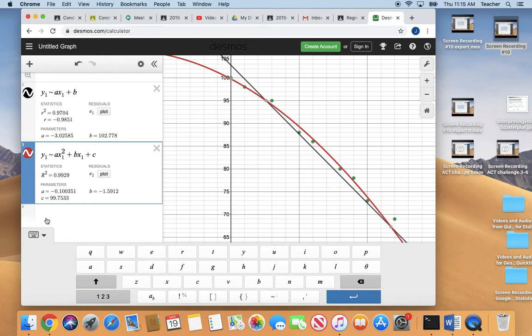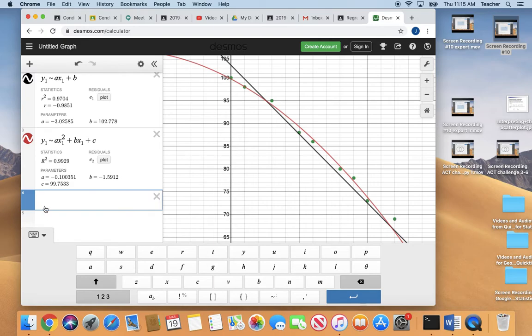Then it said try cubic. Remember, cubic is ax cubed plus bx squared plus cx plus d.